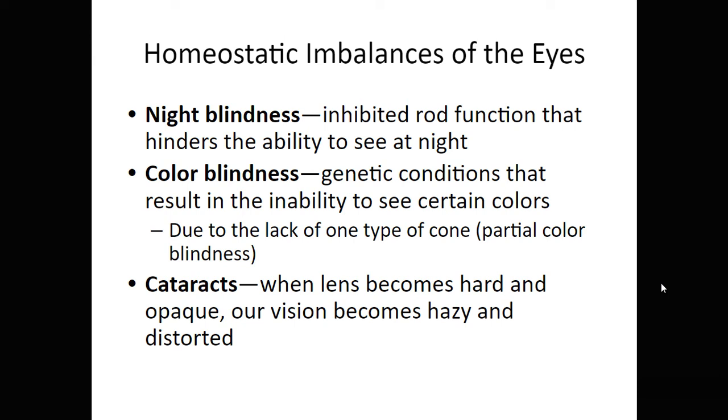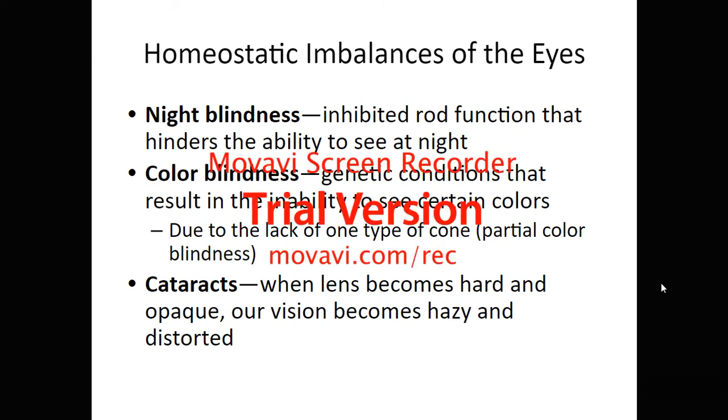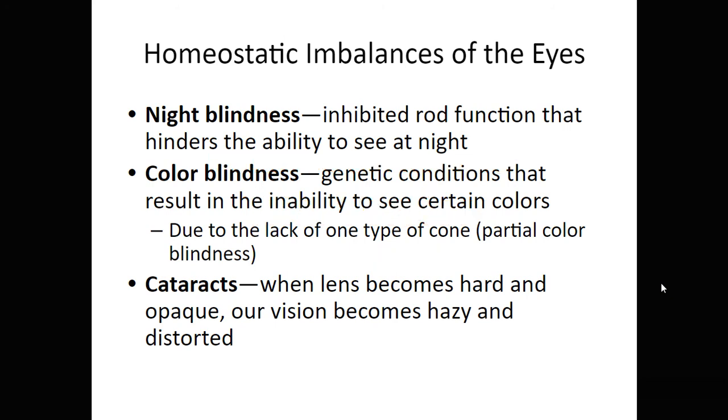Okay, so colorblindness is usually shown in males, and it's the inability to see certain colors. All right, usually red, green, something like that. All right, due to the lack of one type of cone. You can also have partial color blindness.